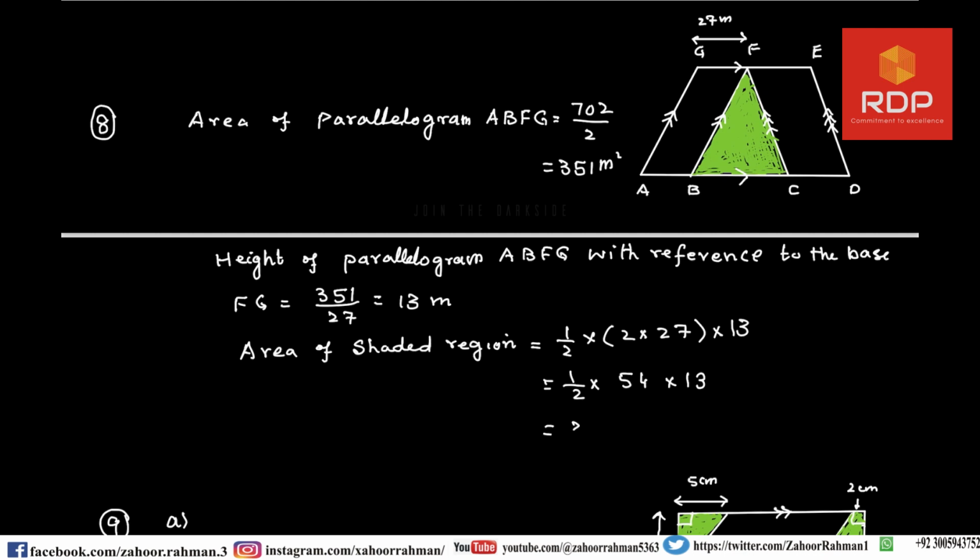When we calculate it, 351 meter square is the value of this shaded region.